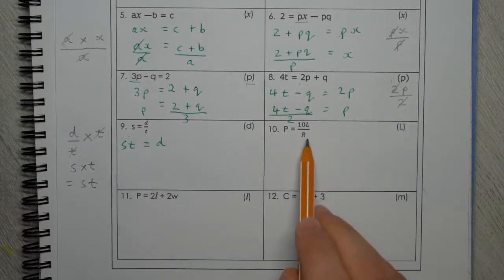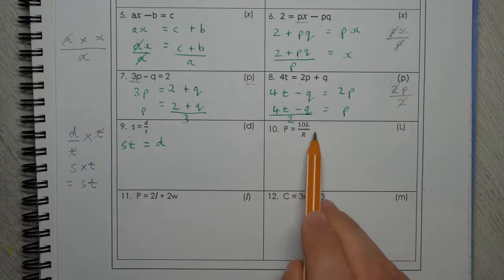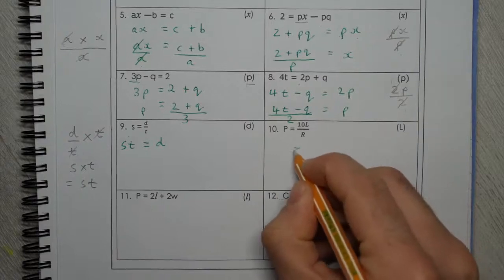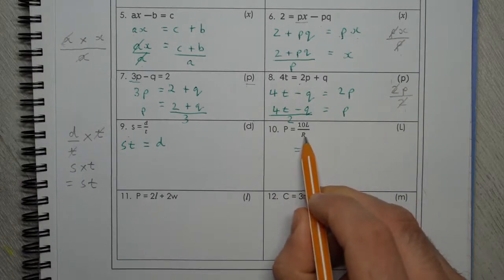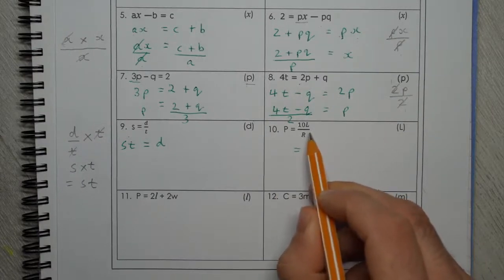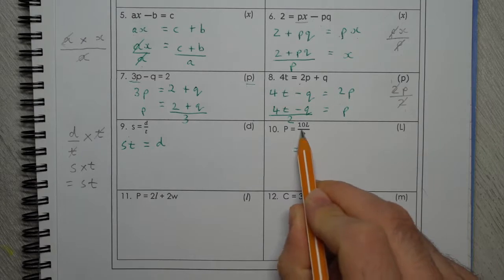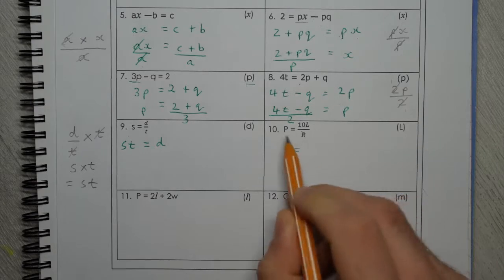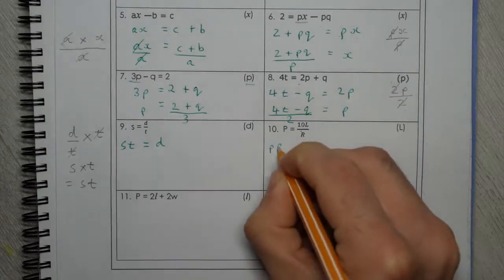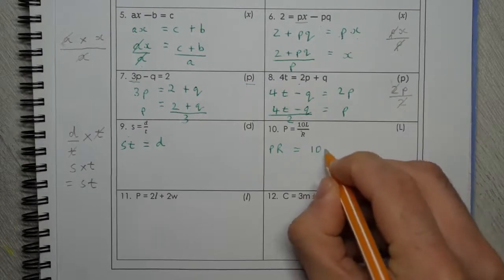So, I'm going to multiply by R on both sides, so that I can eliminate R on this side. That's why we are going to multiply both sides with R, so that R is eliminated from here. So we have PR is equal to 10L.